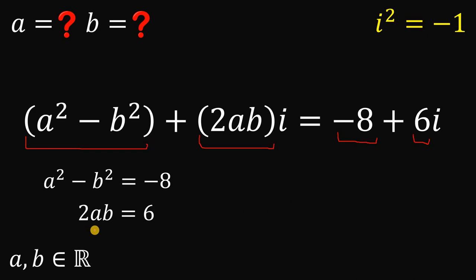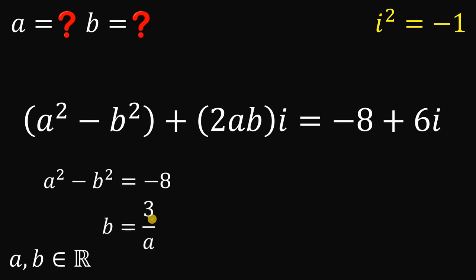Now, from here, let's solve for the value of b in terms of a. Let's divide both sides by 2. If we do that, we get ab equals 3. Now, divide both sides by a, we get that the value of b in terms of a must be equal to 3 over a.